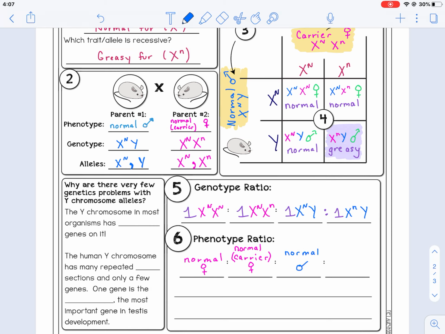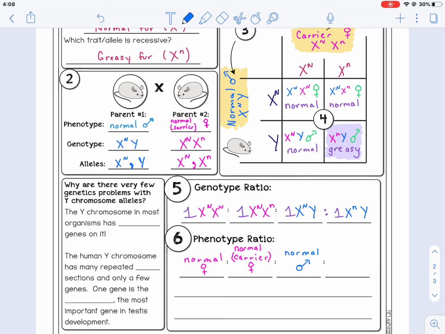Male only has 1 copy of the allele for normal versus greasy fur. So this third genotype represents a male offspring with normal fur, because the allele on the 1 X chromosome is the dominant normal allele.